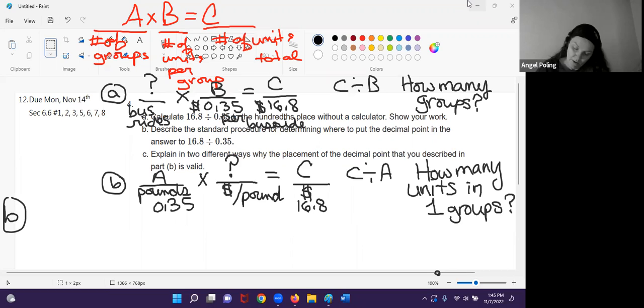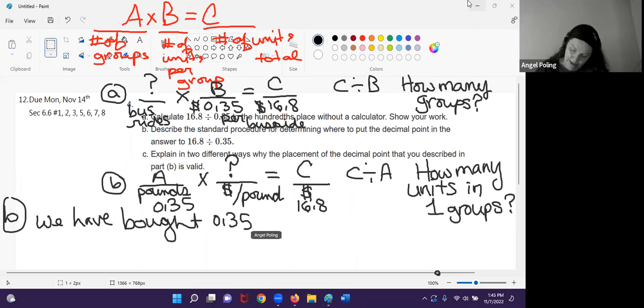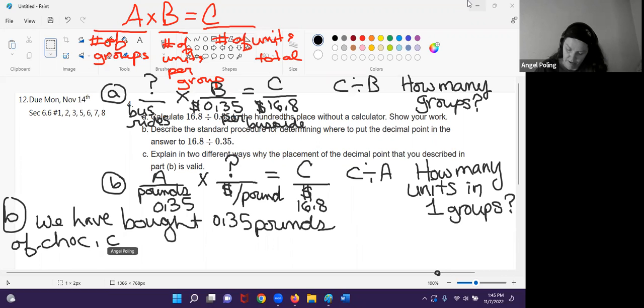So we have bought 0.35 pounds of, I'm going to say, chocolate covered cherries.